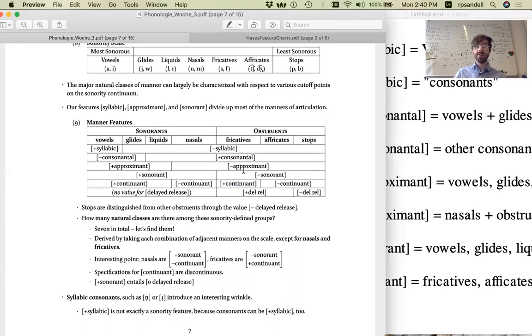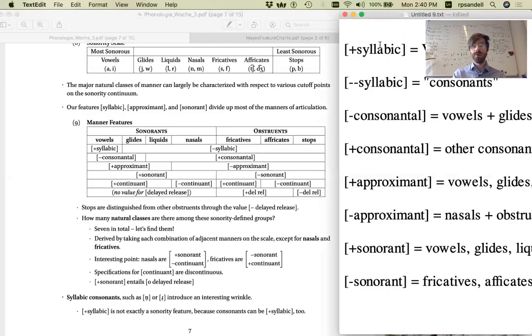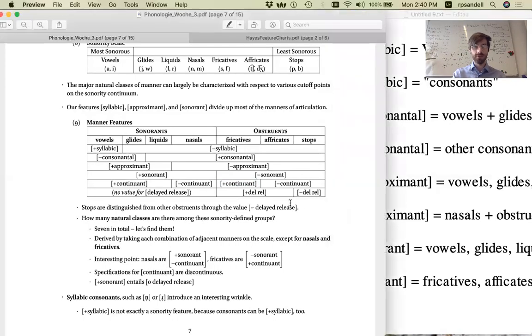And this refers to the fact that those fricatives can be sustained, as I illustrated a minute ago for a sibilant fricative. And finally, as I already mentioned, the feature delayed release is relevant only to the obstruents. So we obtain most of our divisions using these 4 features.